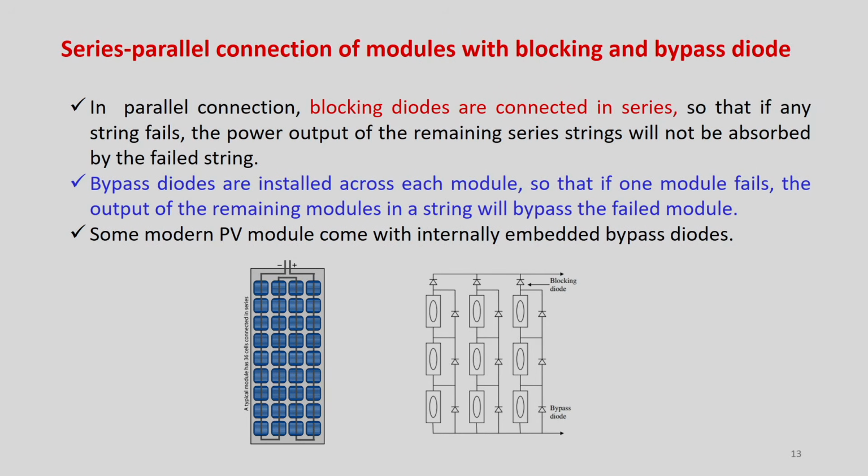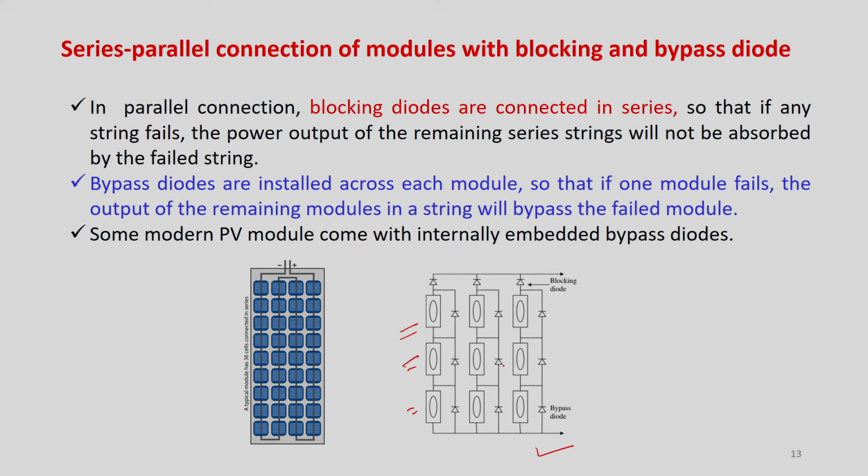Now, let us also learn what happens when we connect many modules in these configurations. These are modules, not cells. These modules sometimes need to be connected in series and sometimes in parallel.